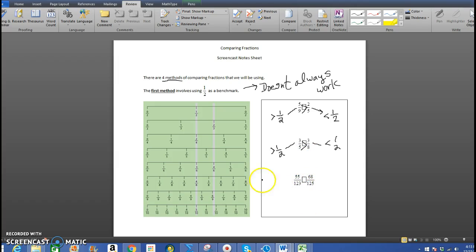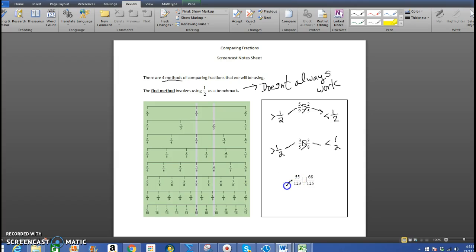Finally, on this last one, these aren't shown on the number line, so we have to just use our reasoning. If I look at 55 and I double that, that would be 110. If 110 were my denominator, I'd have exactly half. My denominator is bigger than that, so this is telling me that I have less than half.